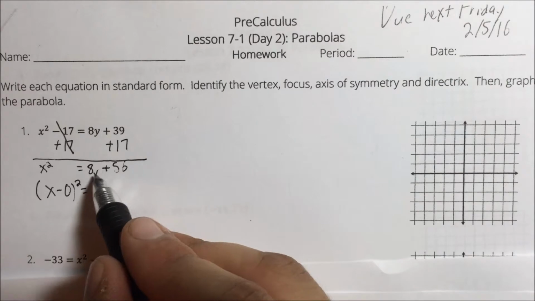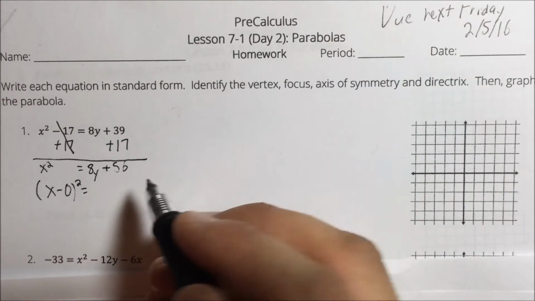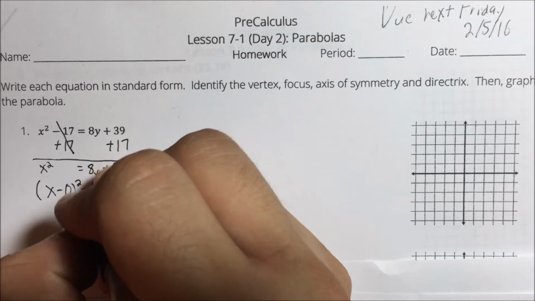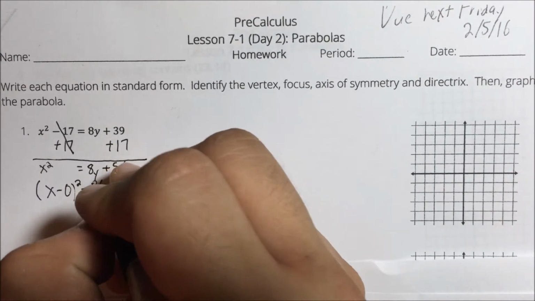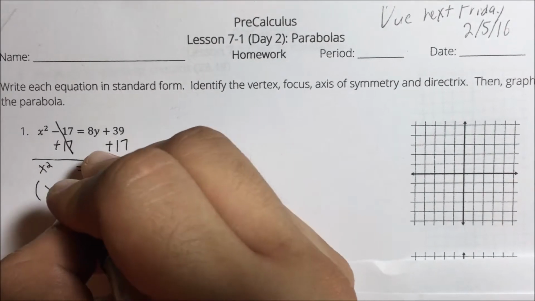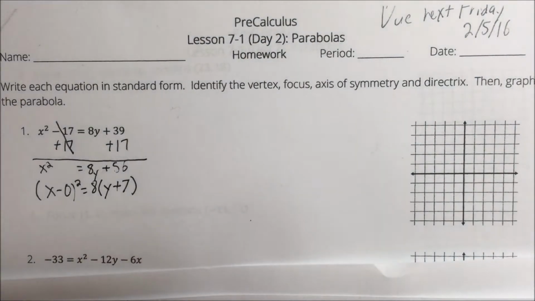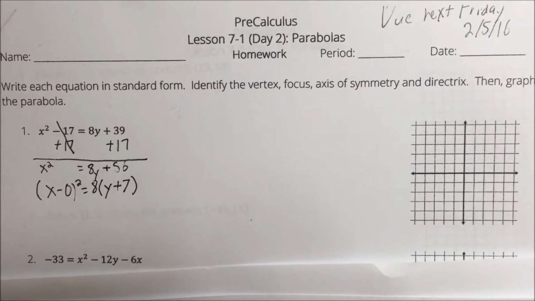And then, on the right side, we know that 8 and 56 are multiples of 8. So let's go ahead and extract that. So that's going to be y plus 56 divided by 8, which is 7. And so that gives us the problem in standard form. So that's great.